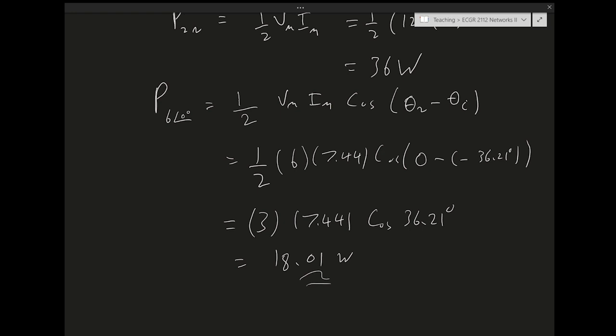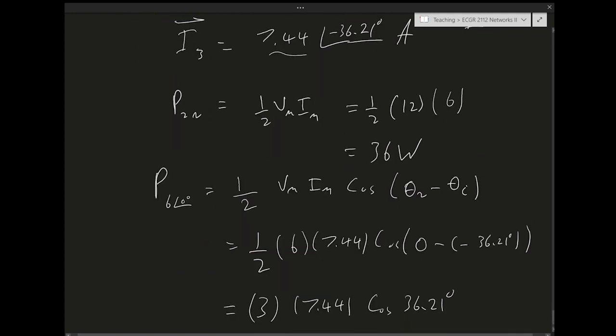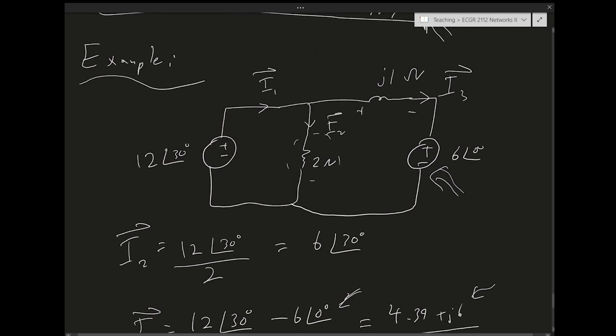And then I want to find, so this is the absorbed power. This is the power absorbed by the 2 ohms. This is the power absorbed by the 6 volts, 0 degrees source. What's the power supplied by this? According to this convention, this seems to be power supplied because the current is going out of the source. So if I get a positive value for this power, that's the supplied power.